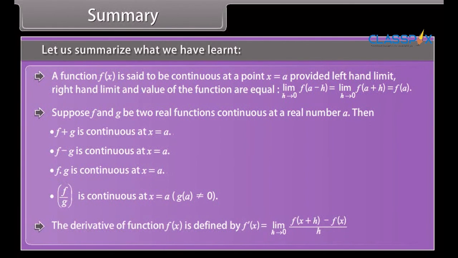The derivative of function f of x is defined by f dash x is equal to limit h approaches 0 of f of x plus h minus f of x divided by h.